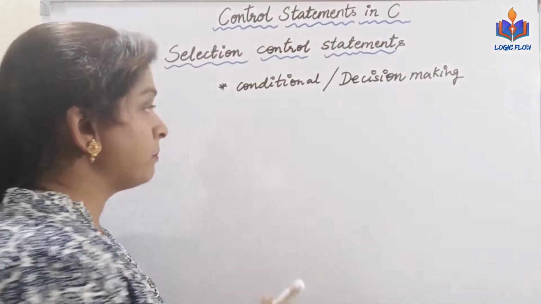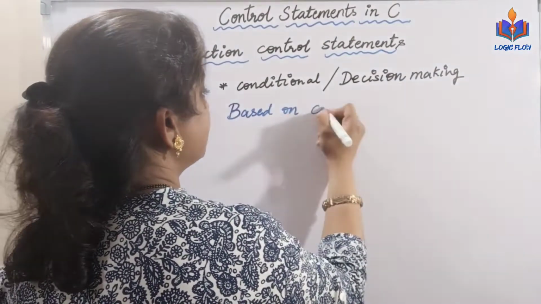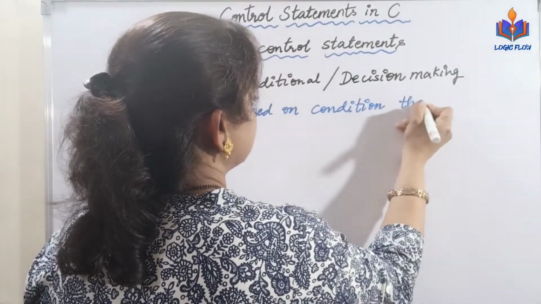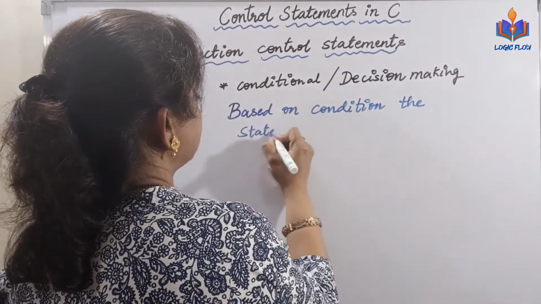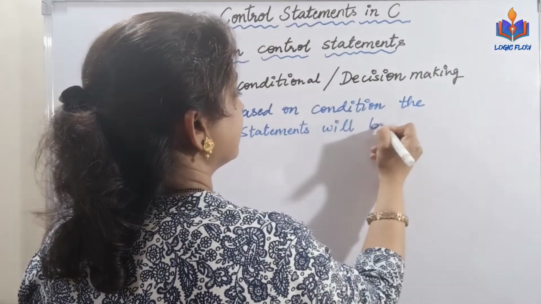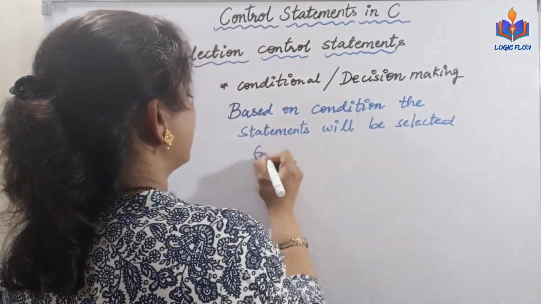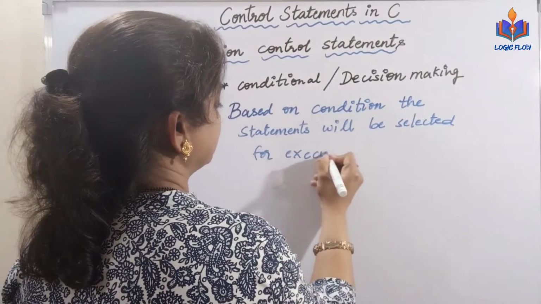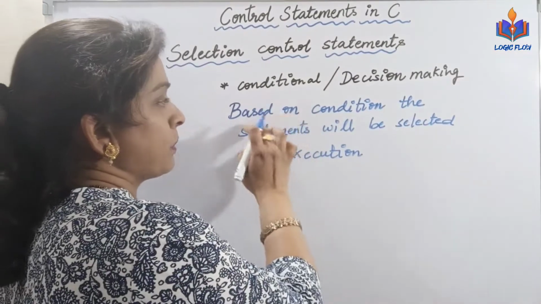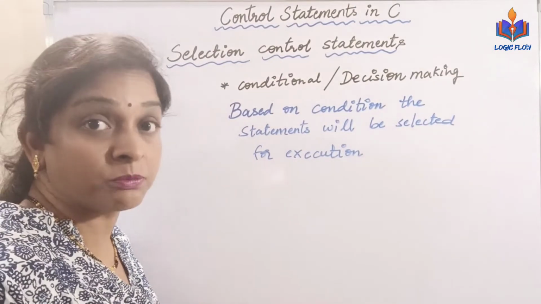So here, based on the condition, the statements will be selected for execution. So conditional control statement: based on some condition, the statements will be selected for execution. This is how these statements will be controlled.